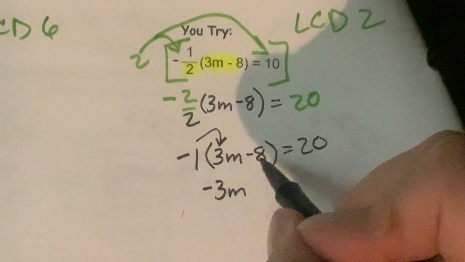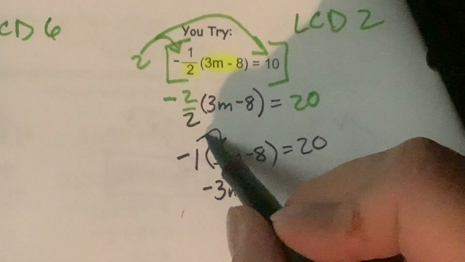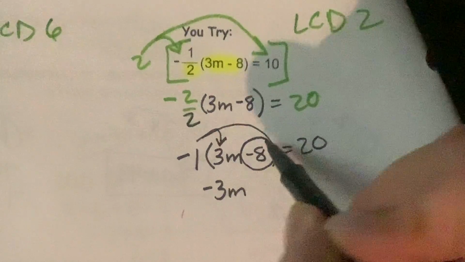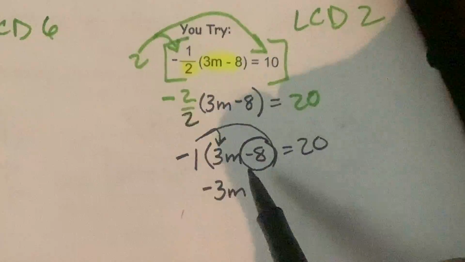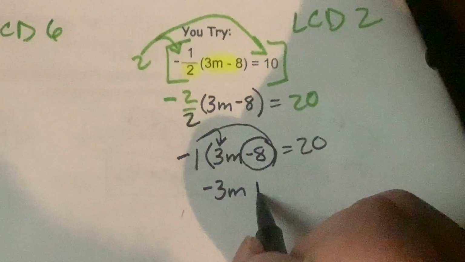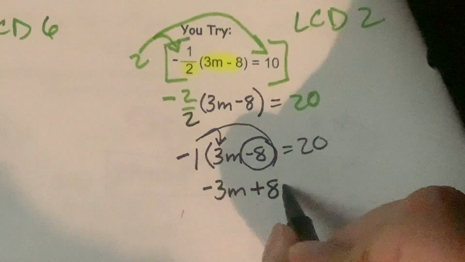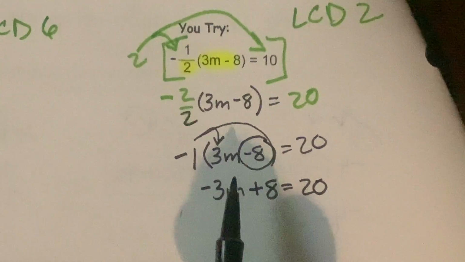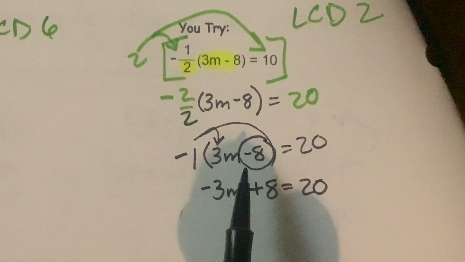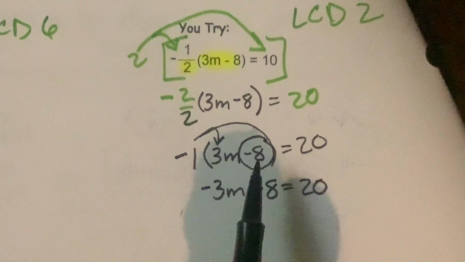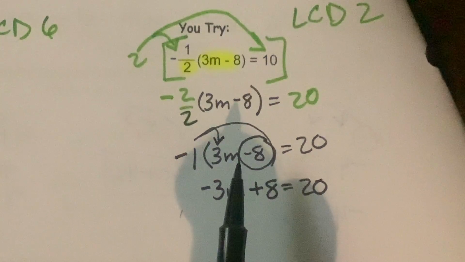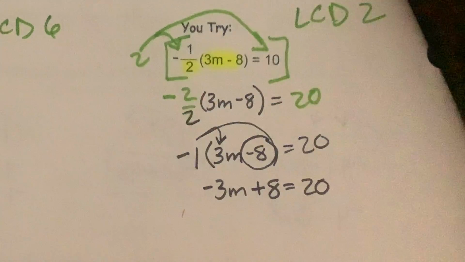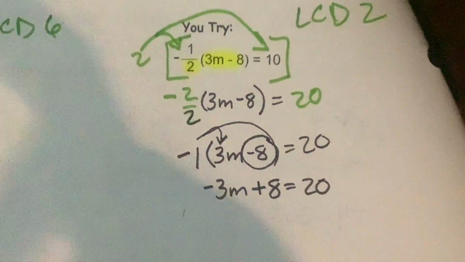And then it's negative 1 times negative 8. Or I could just grab that sign in front of the number and do that. Negative 1 times negative 8 is plus 8 equals 20. Whatever is right in front of the number is its sign. So if that says minus 8, it is exactly the same as negative 8 for our purposes. And when you get older, things change. But right now, yeah, that's a negative 8.